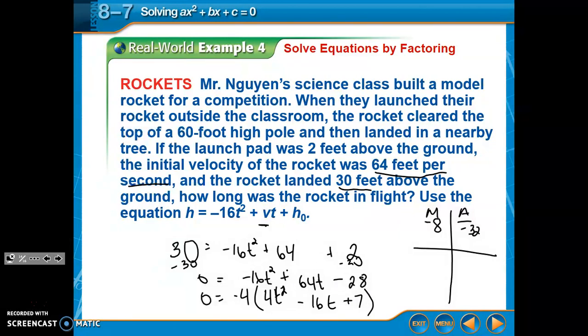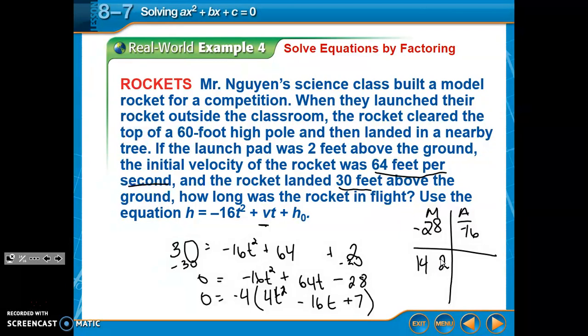Okay, so now I want to factor this part here. So I'm going to do my AC method. Now I want to multiply to -28 and add to -16. So I want to have one positive and one negative.